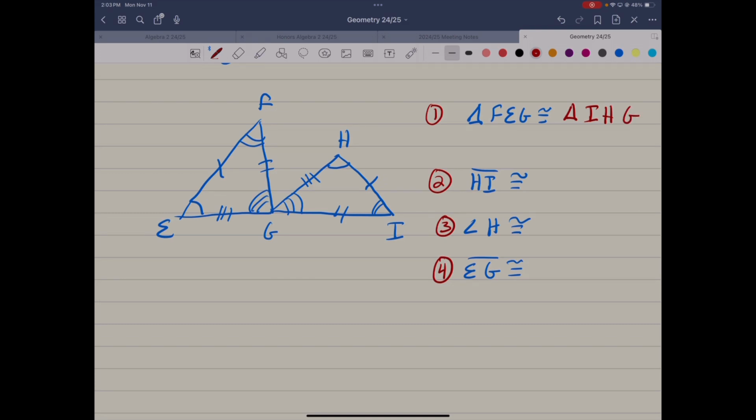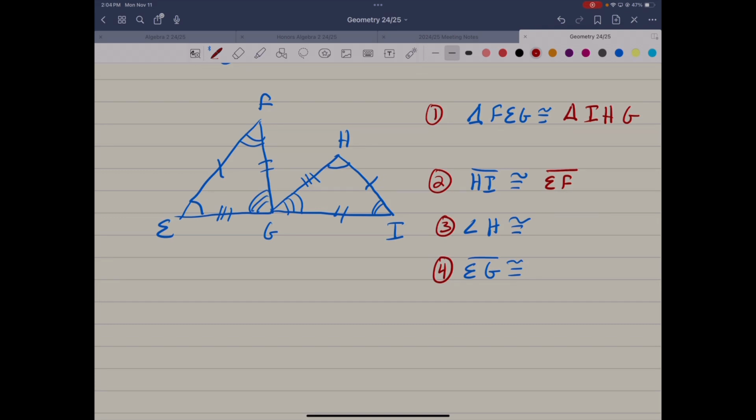Okay. HI. I'm not even going to look at the picture anymore. I'm just going to ignore the picture now that I got the congruency statement done. And I know that's right. HI. Notice H is second, I is first. So EF. Now, if you put FE, it's the same thing.